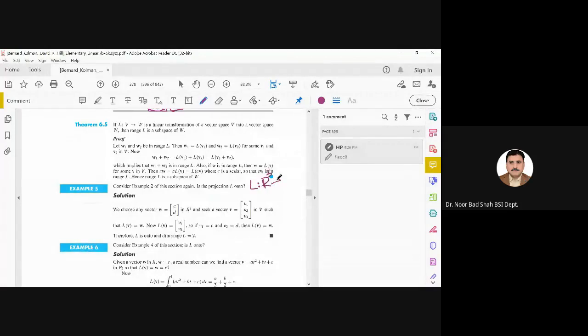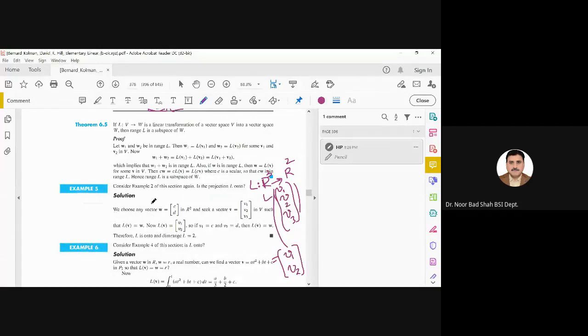It was defined as L of V1, V2, V3 equal to V1, V2, because it projects a vector from R3 into R2. We would check whether it is onto or not.